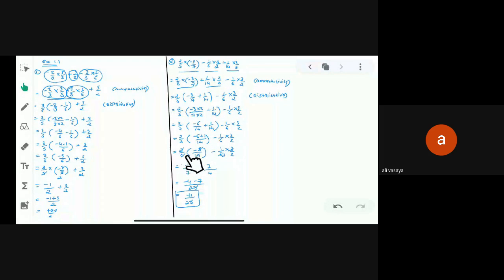So 5 will be directly cut and 2 sevens are 14. Okay? Those who are still writing, please take a screenshot of this board. We have no more time. We have to solve the next question.